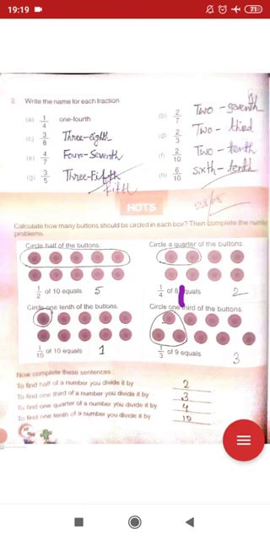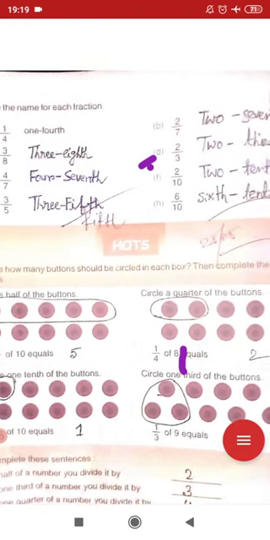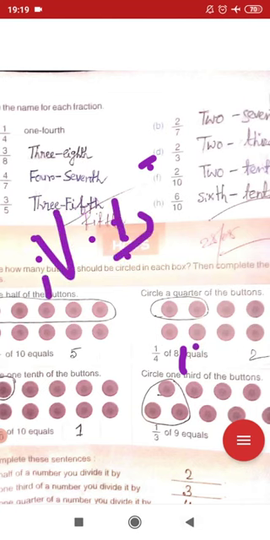Next D, 2/3, that means two-thirds. The name will be two-thirds. First the numerator, and then the denominator. First you have to write the numerator.